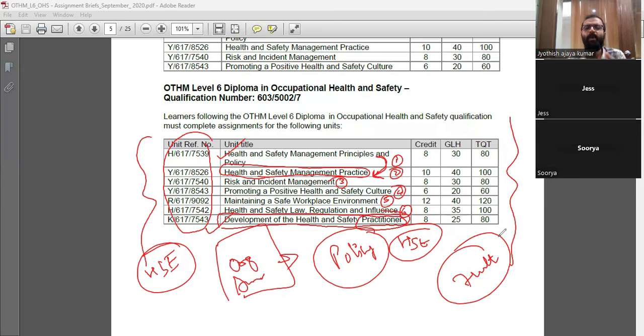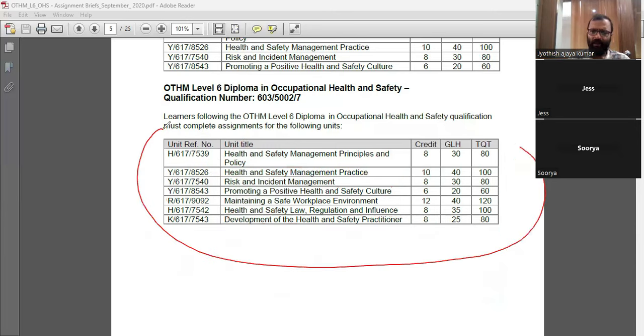And definitely, when people are working together, there will be a risk. So how would you manage that risk? When people are working together, the HSC culture will come, then environment, external factors, and your personal development as a health and safety practitioner. This is the criteria, and the logic behind the criteria we also discussed.